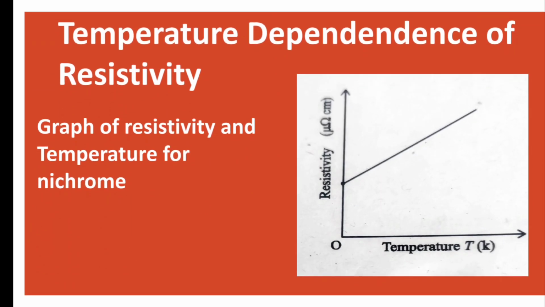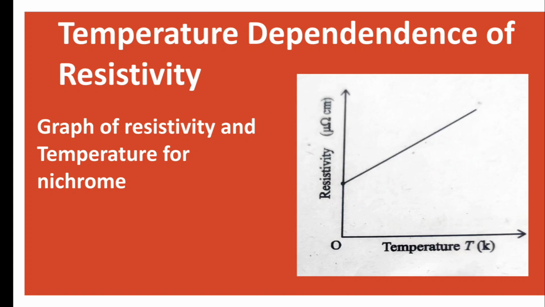Next, we discuss temperature dependence of resistivity. The graph of resistivity and temperature for nichrome is given like this, in this figure.